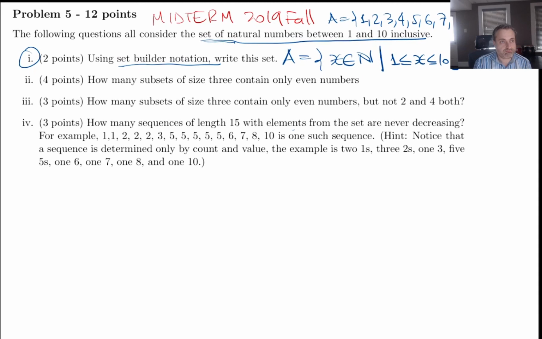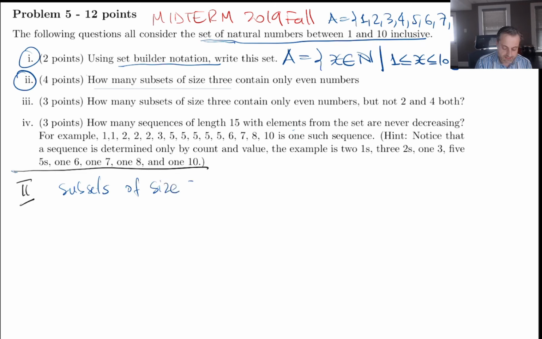Okay. Now part number 2 here, we want how many subsets of size 3. Well, if it were only subsets of size 3 out of, say, a k element set, that would be k choose 3.